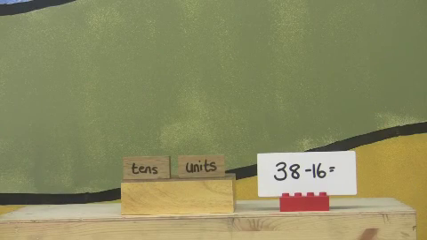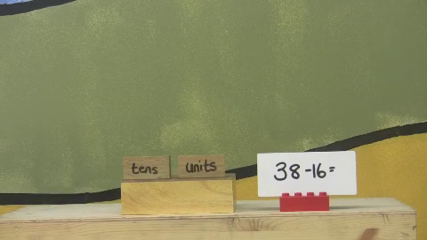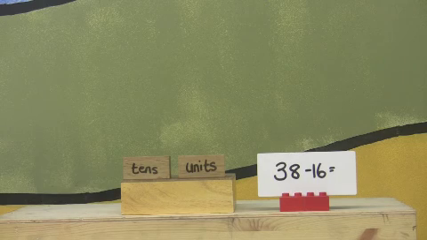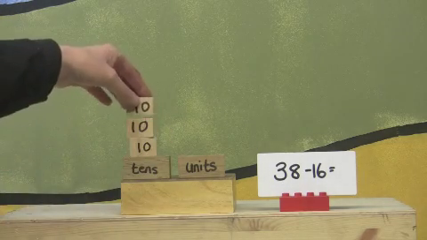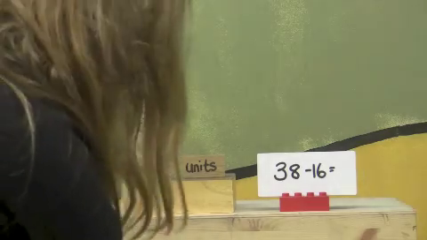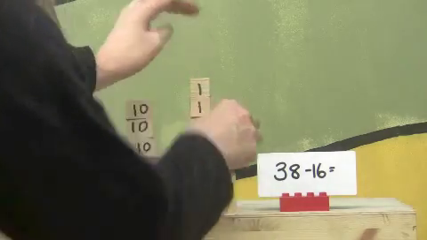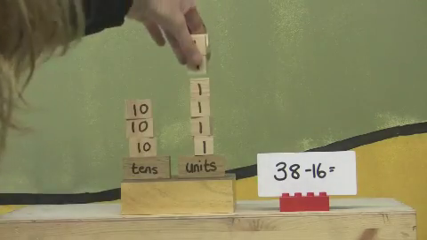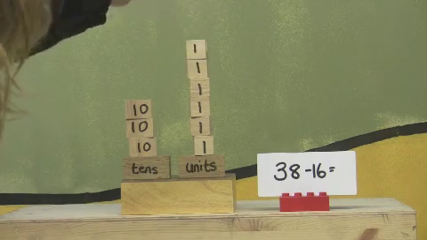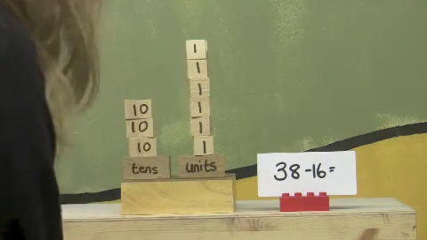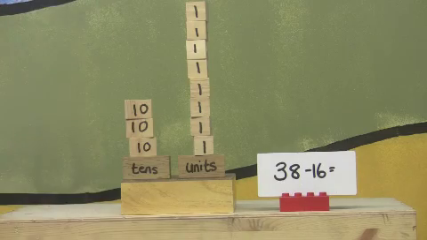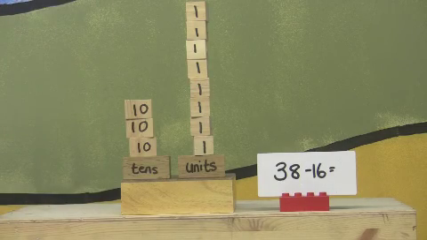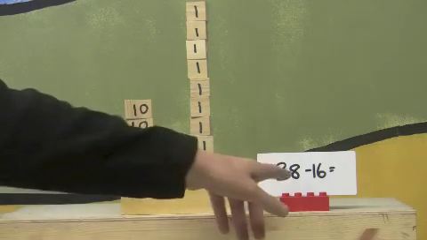Let's try this one together. 38 take away 16. So we're going to make 38 with 3 tens and 8 units. Now we're going to take away 16, which is 1 ten and 6 units.